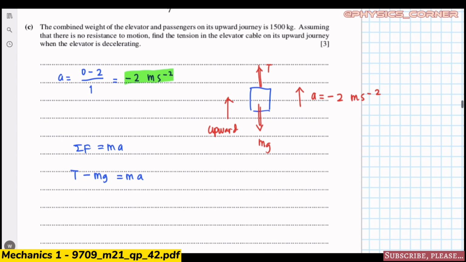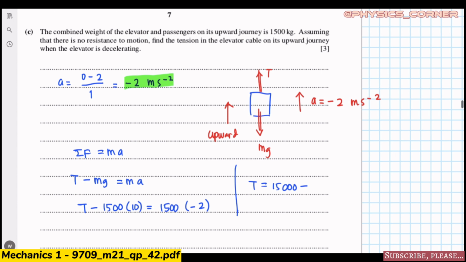T minus 1500 g equals the mass times negative 2. So T equals, about 12,000 newtons. Okay, that's it.